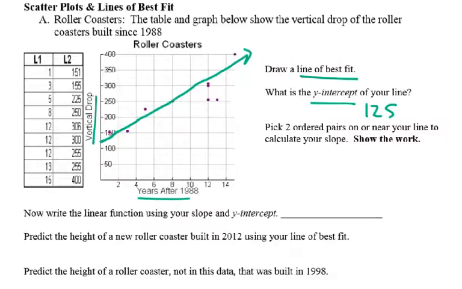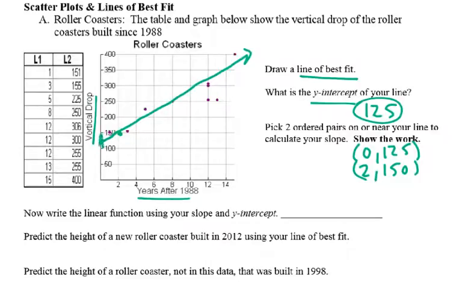So, if I'm thinking about my line, I know my y-intercept is 125. Okay? I chose that point, so 0, 125. And we want to figure out a slope. Now it looks like at 2, we go up to 150, right? Pretty close to that. So what's that slope?